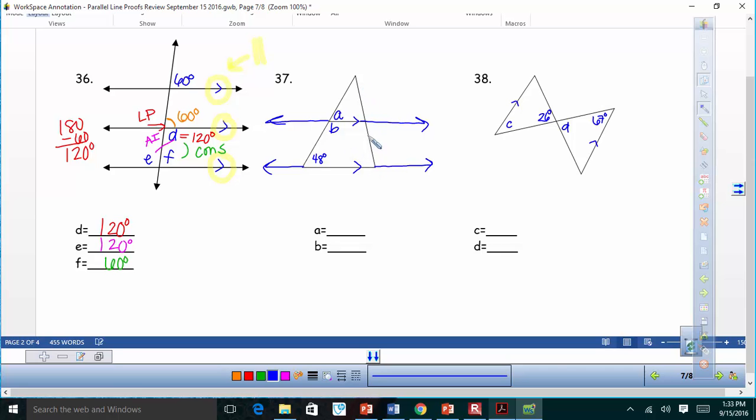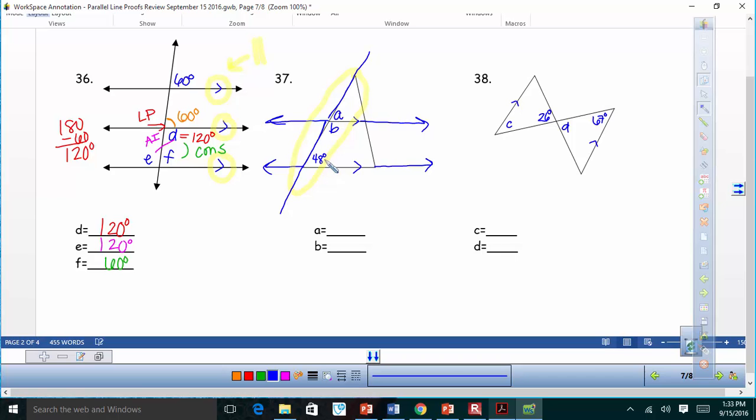No. So I'm not concerned about that line, but I do on this line, okay? So I'm going to circle this because I can treat this as a transversal, right? So if I treat it as a transversal, and I'm going to continue that out so I can see it a little bit better.